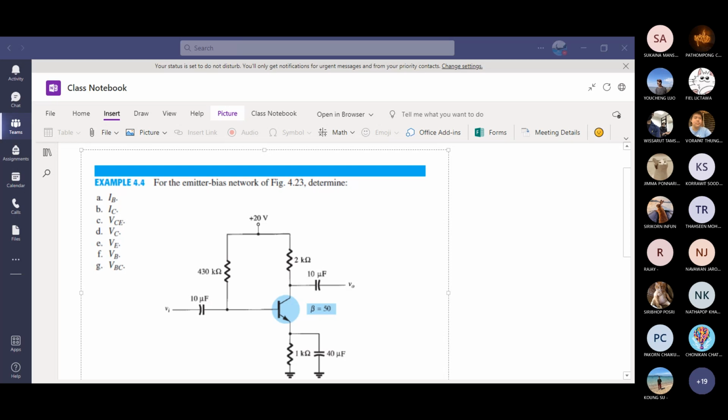I see you online. Number 3. Jimma will do part D, VC. Chuanyuan, you will be doing part E, VE.